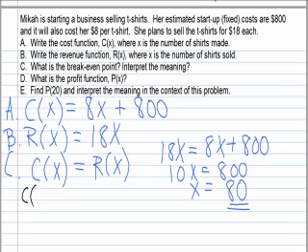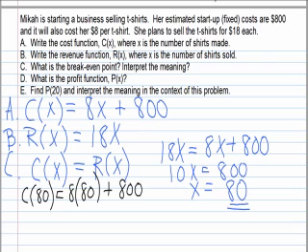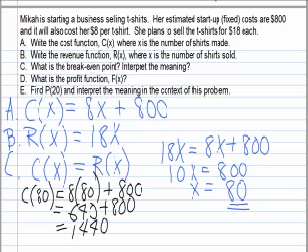The cost of 80 is 8 times 80 plus 800. That's 640 plus 800. How much is she out of pocket? $1,440. That's her cost to make 80 shirts.